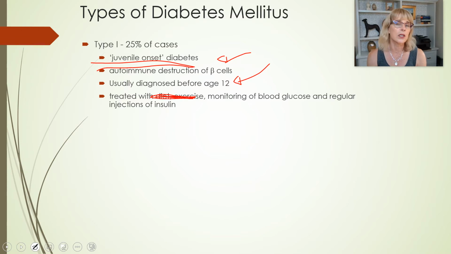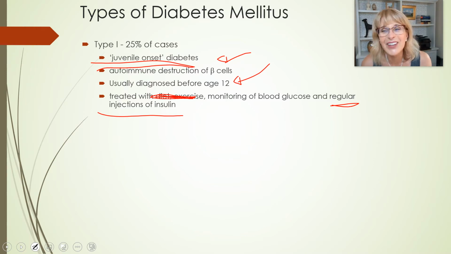It's not because the kid ate too much Halloween candy growing up, all right? Type 1 diabetes is not related to what the child or the mom has eaten during their lifetime. Really important for the treatment of type 1 diabetes, they need regular injections of insulin. Why? They don't have any, okay? So you need to have some.